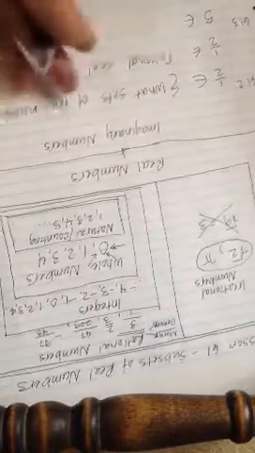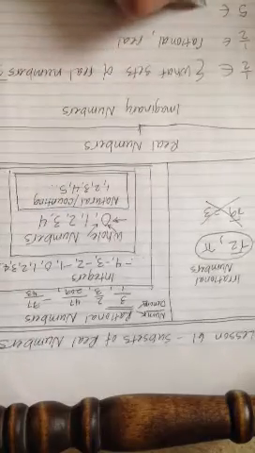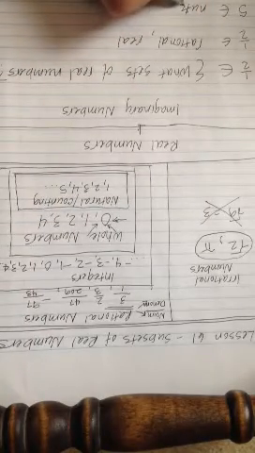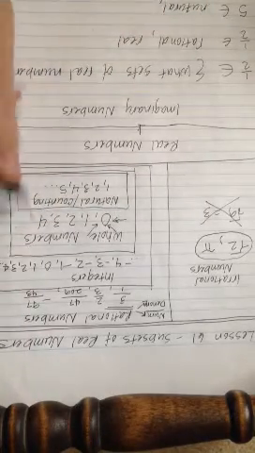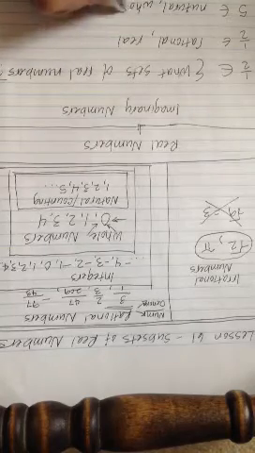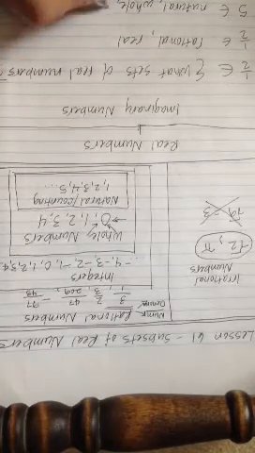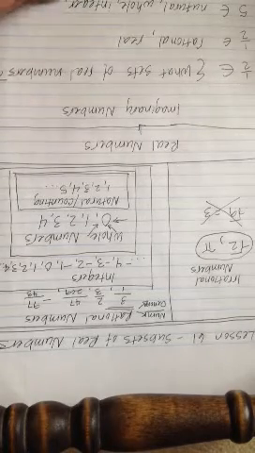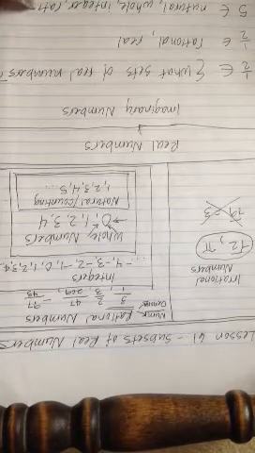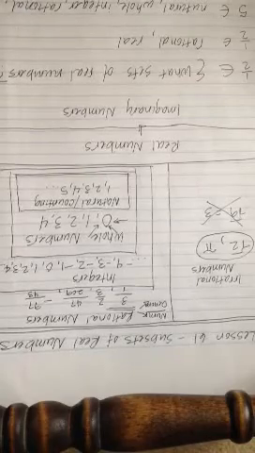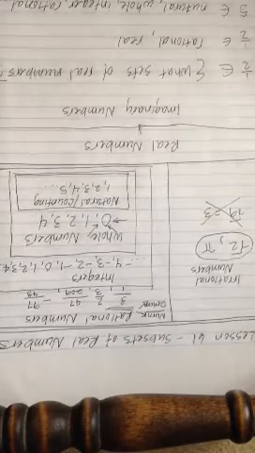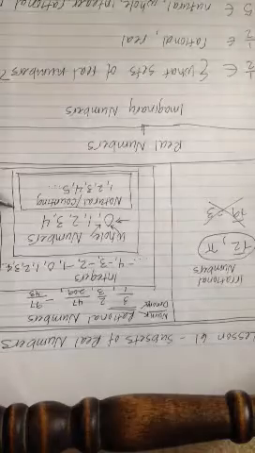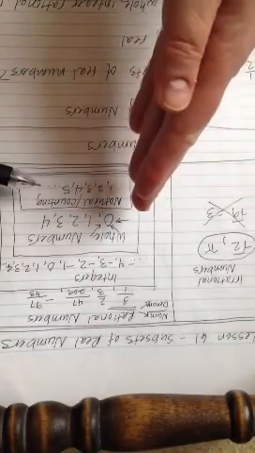It's a natural, and it's a whole, and it's an integer, and it's a rational, and it's a real.